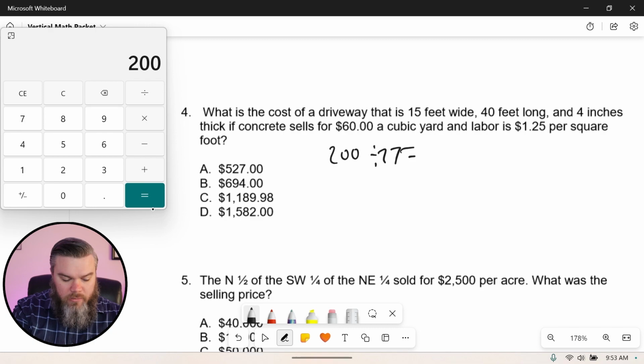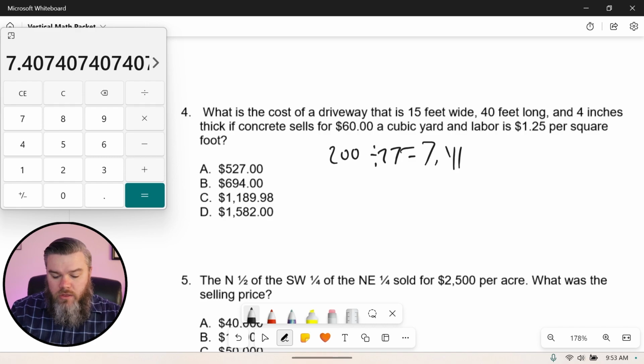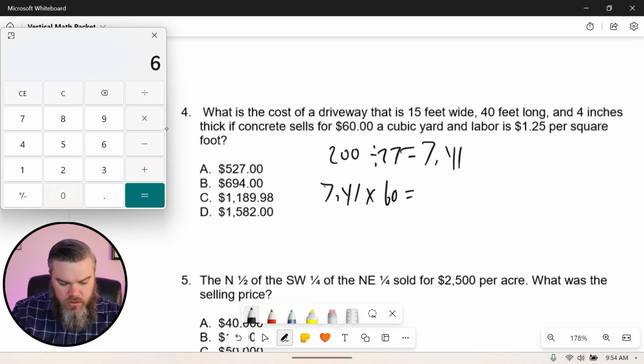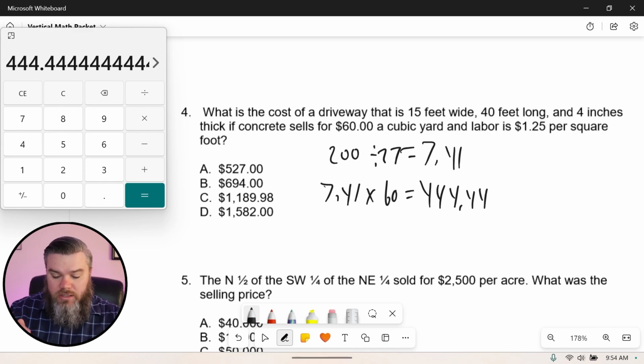So 200 divided by 27 gives us 7.41 cubic yards. And then the cost per cubic yard is $60. So 7.41 times 60, which gives us $444.44.